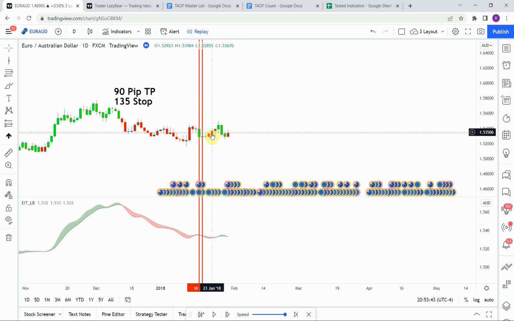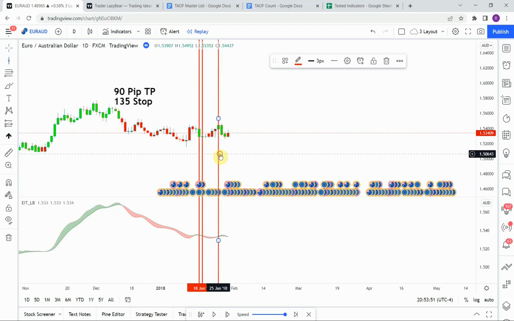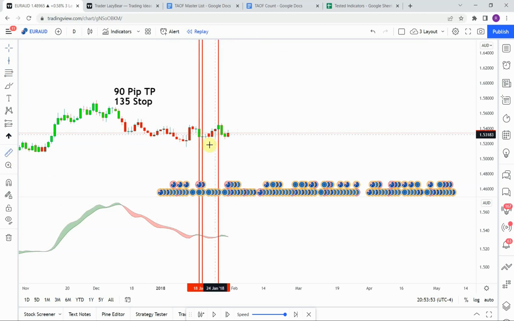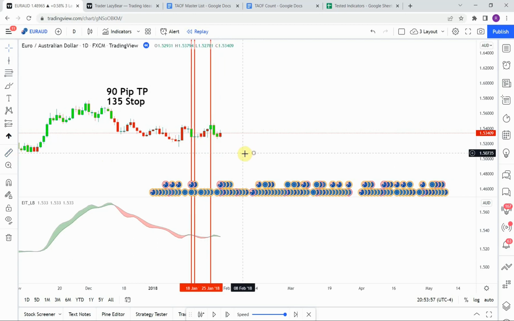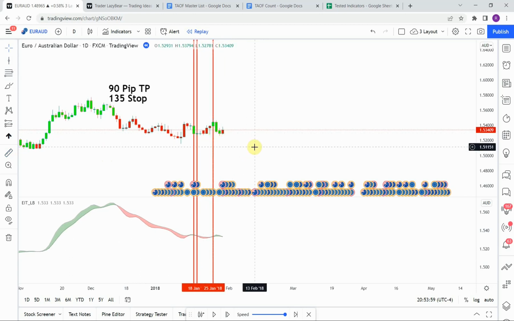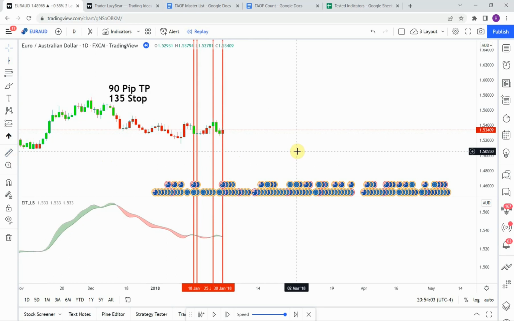Once we kind of consolidate, start to push up, and then we get the long signal right here with these green bars right there. Looks like we then get stopped out on that one as well, and it looks like we're going to pick up a short right there. So let's go ahead and continue on.